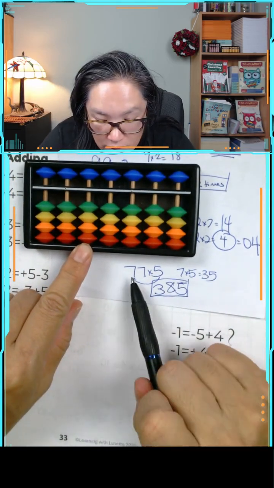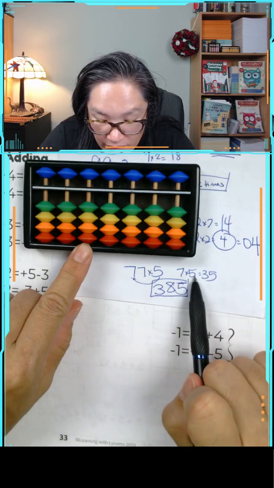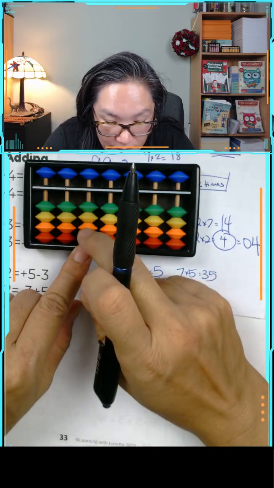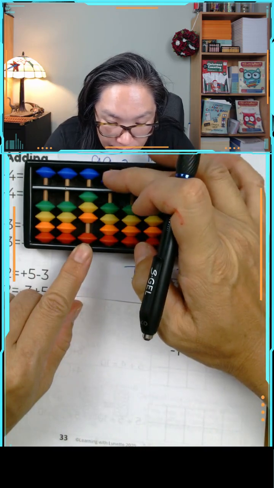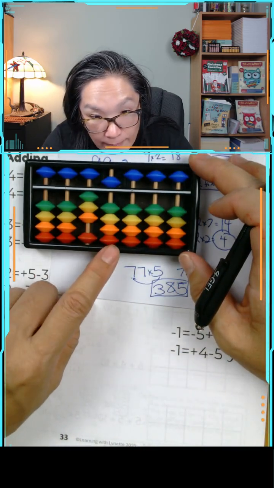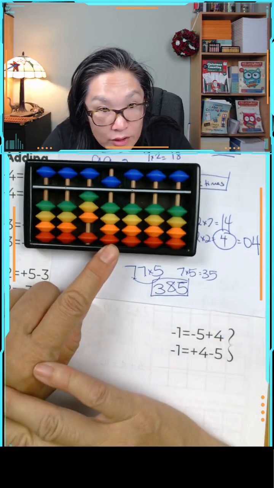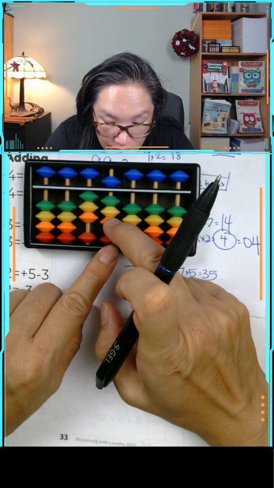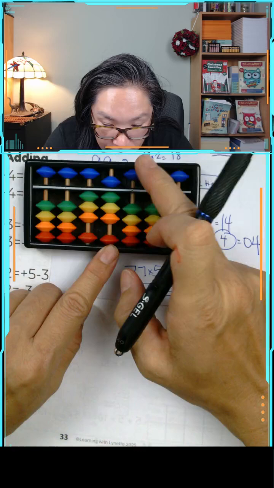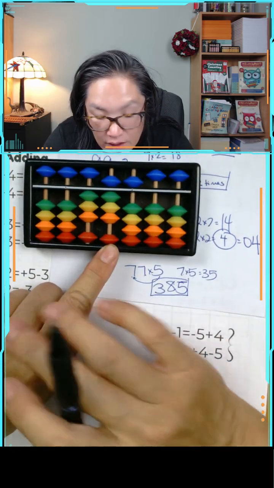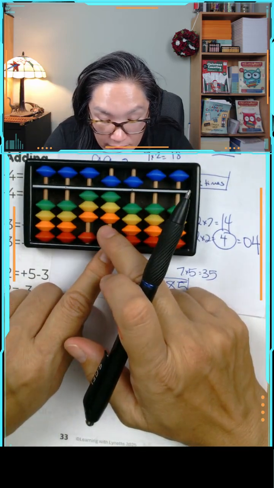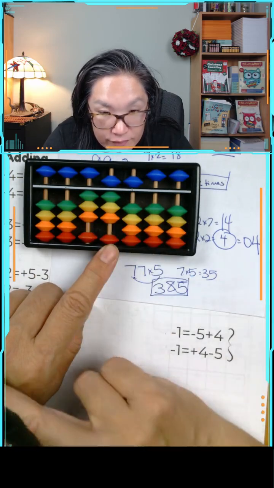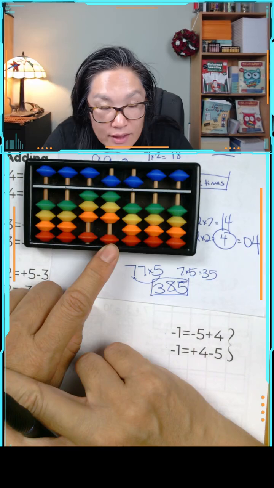Right? So 7 times 5 is 35. Add the 3, add the 5. We're over here. Then do it again. 7 times 5 is 35. Add the 3, add the 5. Add the 35, and then do it again. Add the 35. Yeah. Easy, right? Simple to use.